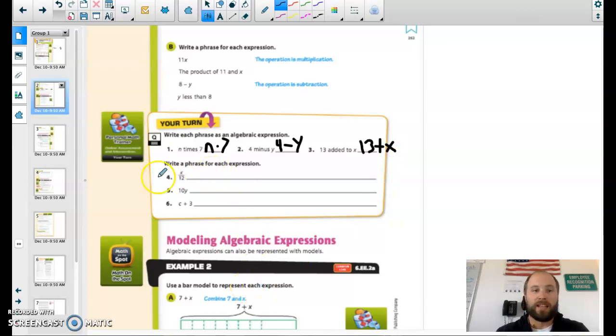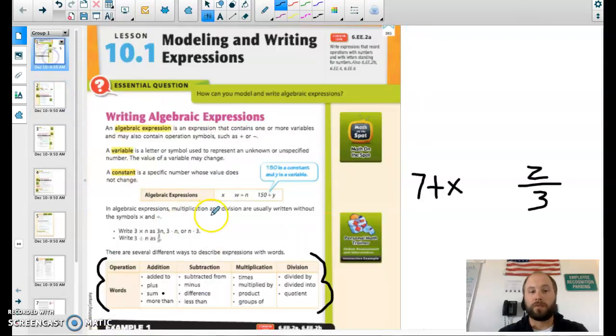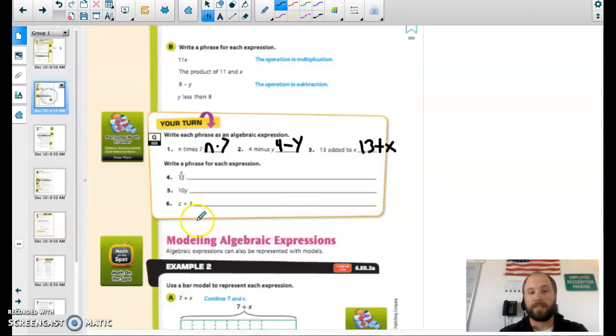Then it says write a phrase for each expression. I'm just going to tell you what I would write. I'd say the quotient of x and 12, because that's a division problem. You could say 10 times y, and the sum of c plus 3. You don't have to use those words. You could use any of the words found over here, but those are the ones I would use.